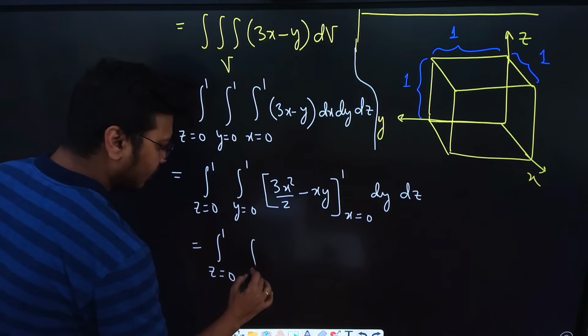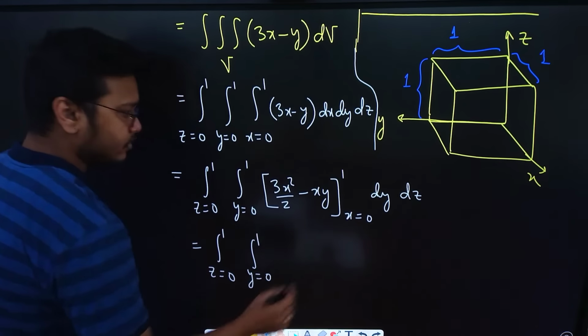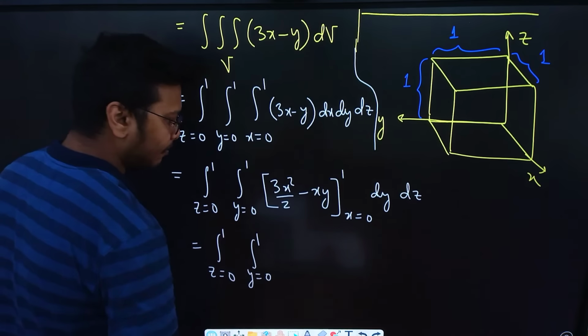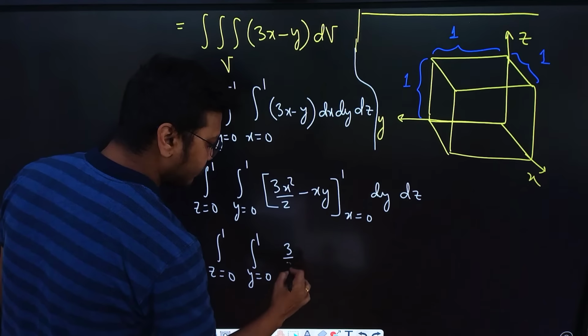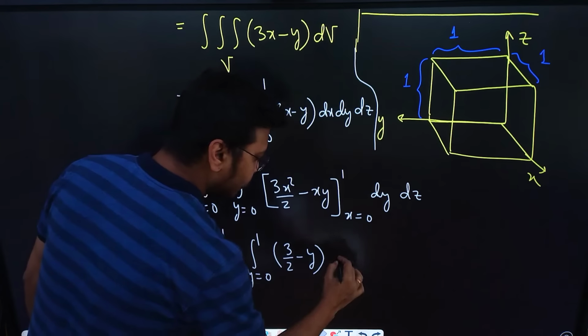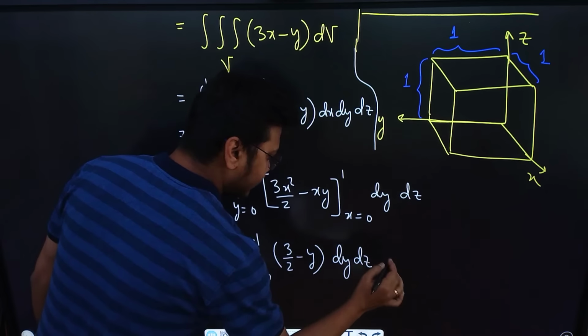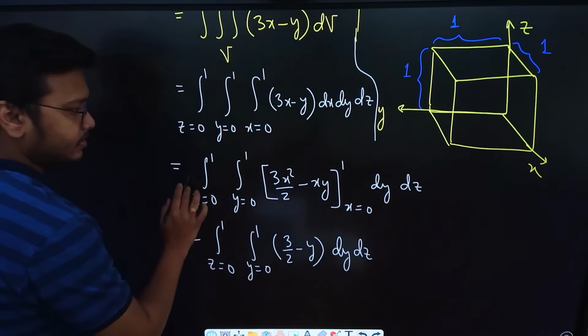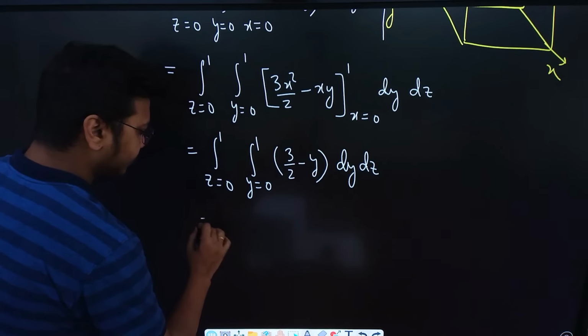If I plug in the limits, putting the upper limit 1, I get 3 by 2 minus y, and the lower limit gives 0. So the remaining is dx and dy. Again, we proceed with the integration in the same manner.